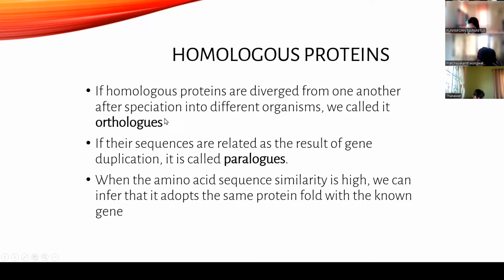So orthologs, such as Cytochrome C in human, Cytochrome C in birds, Cytochrome C in turtle, are after speciation, after becoming the species. So orthologs are like one protein in many different organisms. And if each organism has the same or a very similar sequence, they should have the same function.